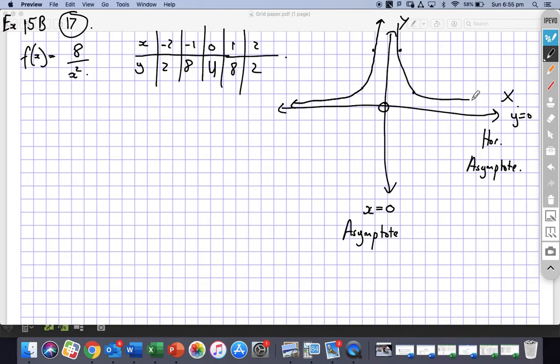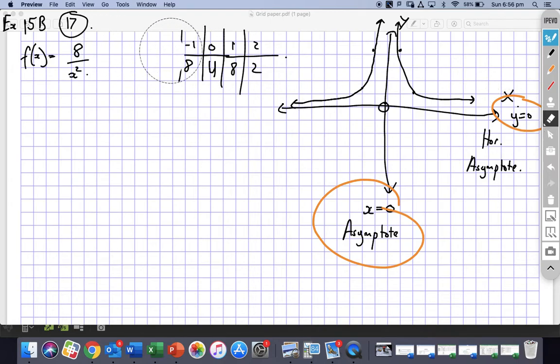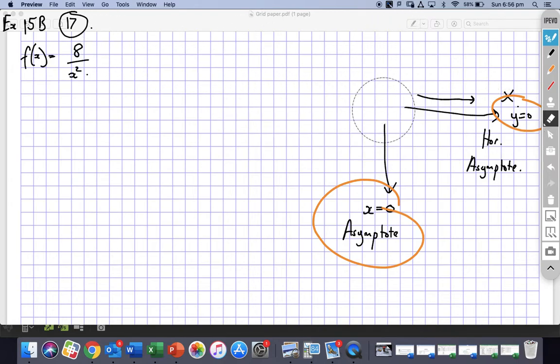And there you go. So a sketch can be pretty rough and ready like mine, although you really should, if you're sketching, point out the asymptotes. Okay, so write those down. Okay, so there's your sketch.